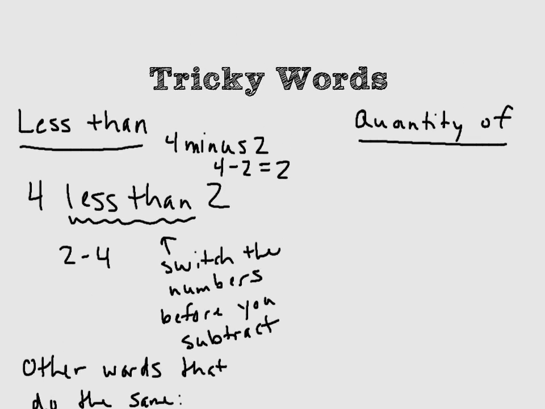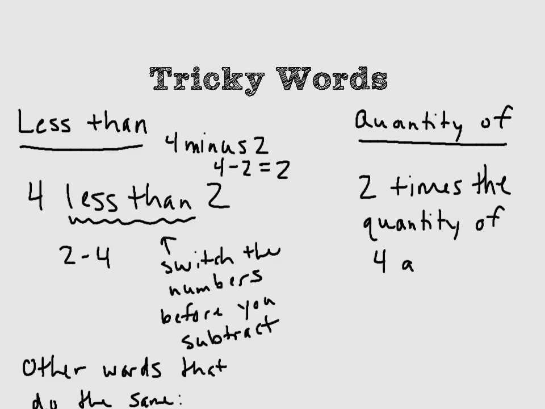Now here, if I say I have the quantity of something, I'm usually putting that or setting that aside. So let's take a phrase. So if I say 2 times the quantity of four and 7.